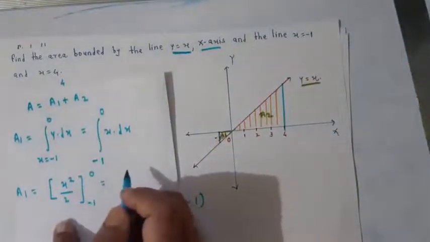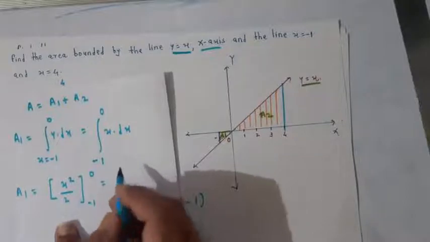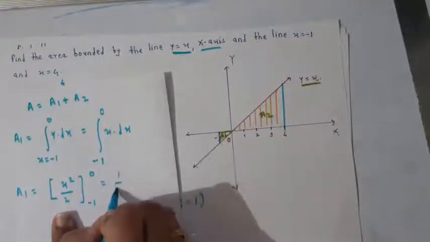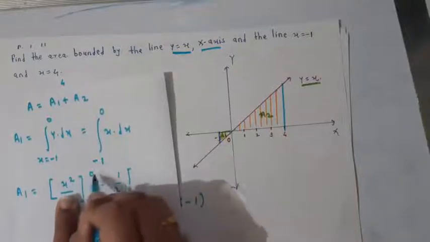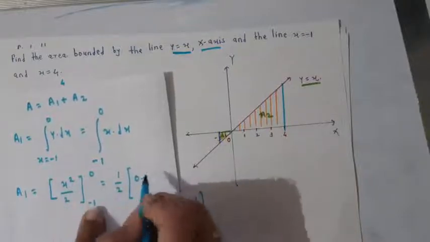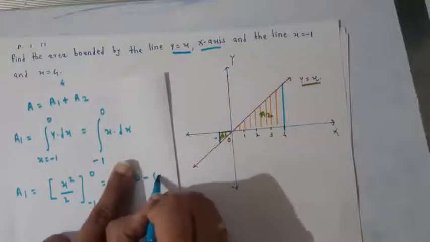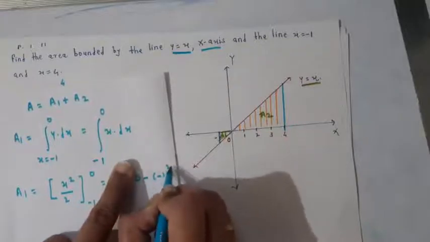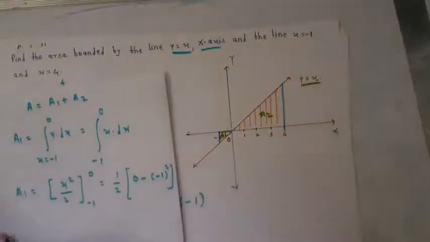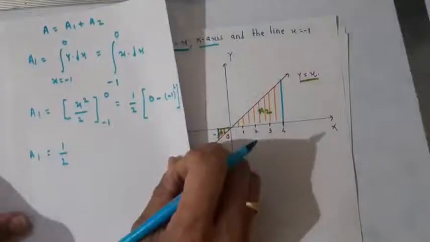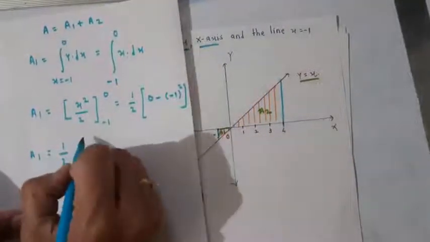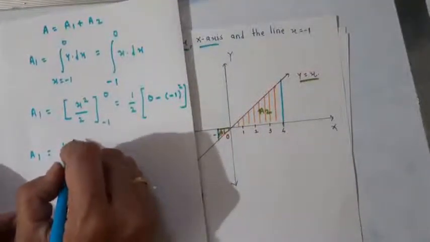This is 1 by 2 outside the bracket. The value of x is 0 upper limit minus lower limit minus 1 square, and hence area A1 equals 1 by 2 into 1, that is 1 by 2.